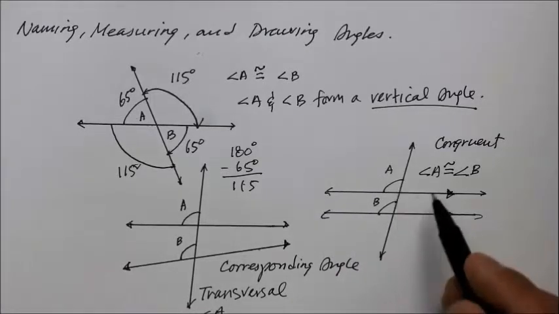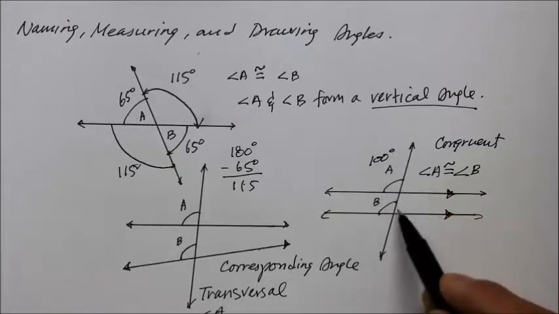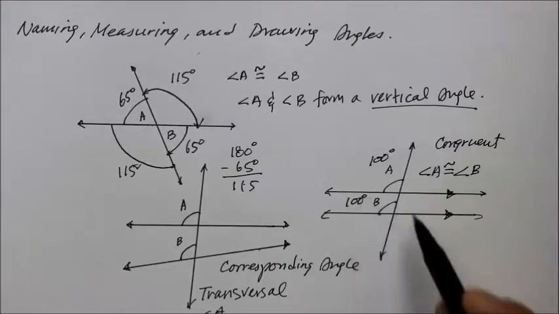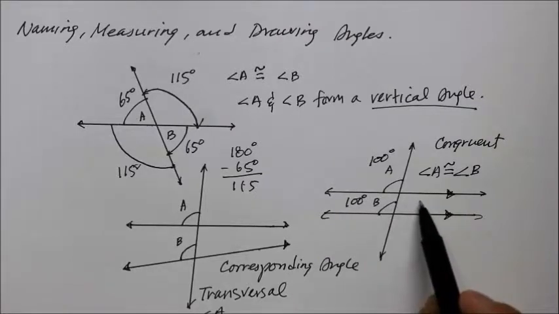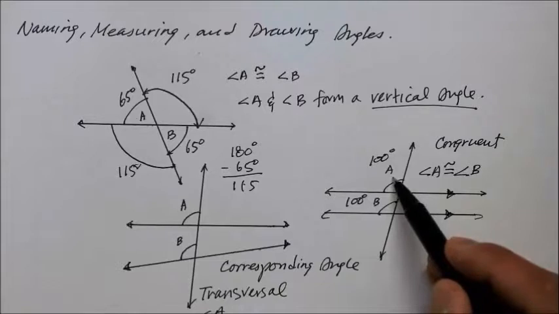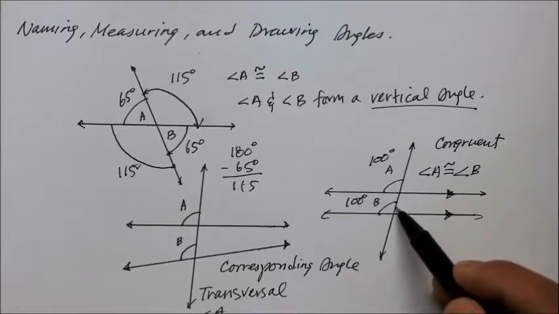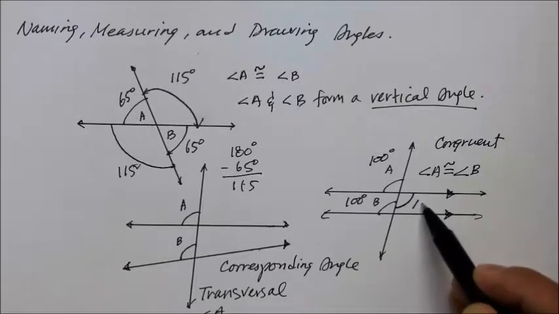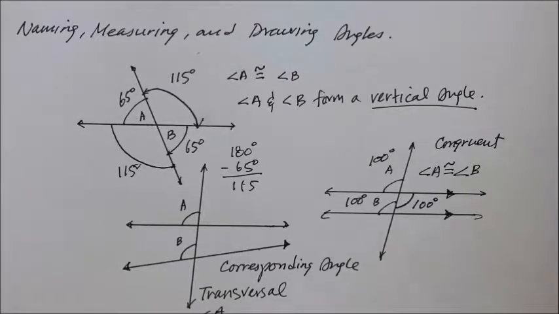So if we were to say this is 100 degrees, well, guess what angle B will be? Yeah, 100 degrees. And we could apply the same logic about vertical angles. If angle A is 100 degrees, its vertical angle is also 100 degrees.